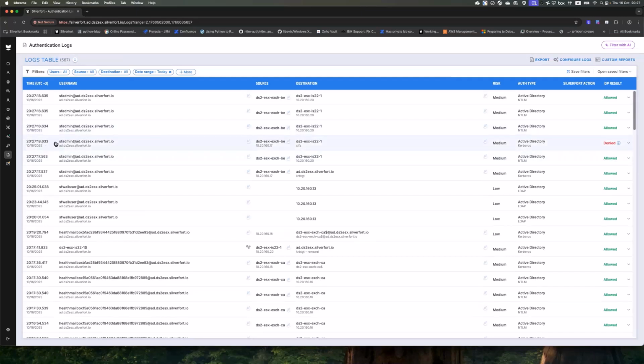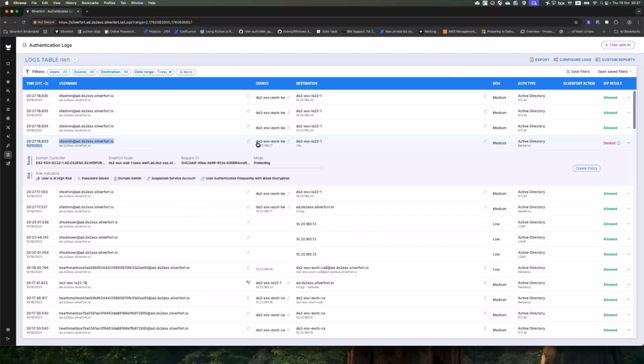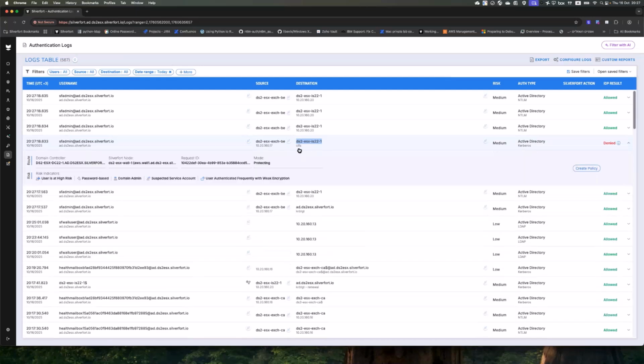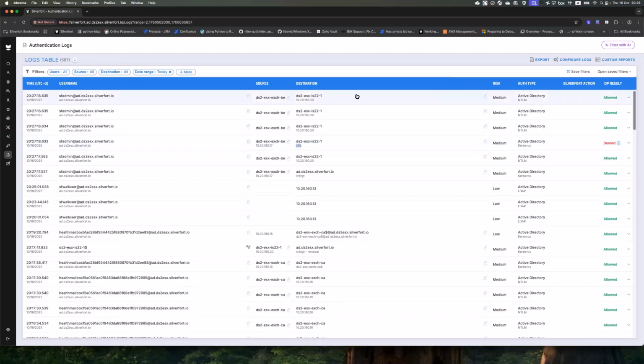You can see that my user has authenticated from my source client to my destination server. It tried to approach CIFS, which is the service principal name for file share, and it was denied because of a bad server, because the service principal name was not configured properly for this application.